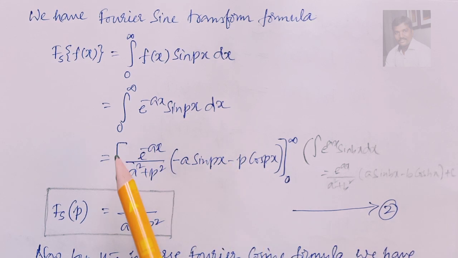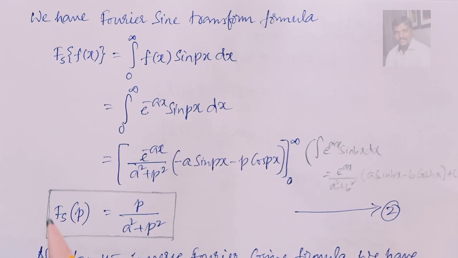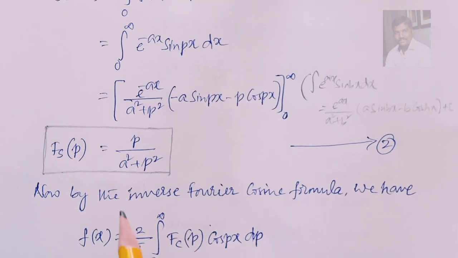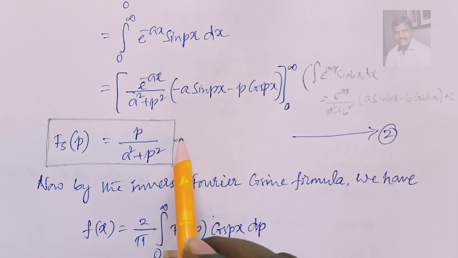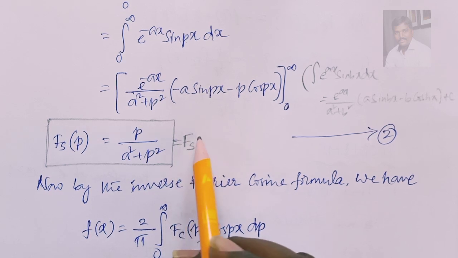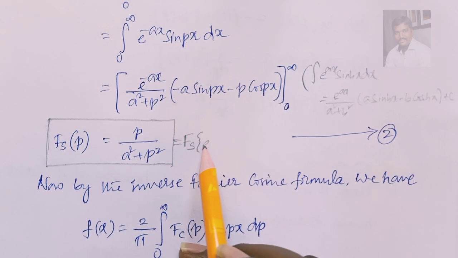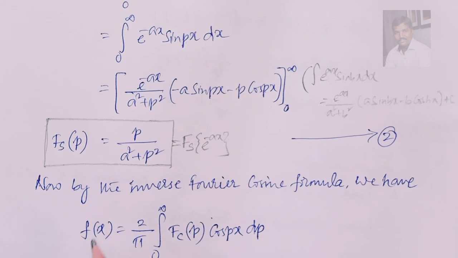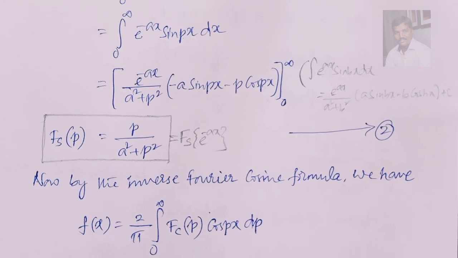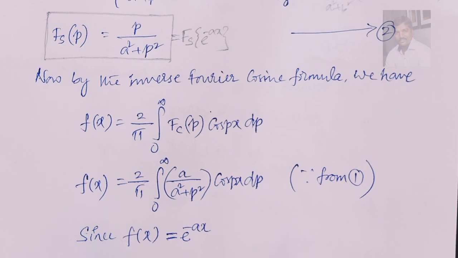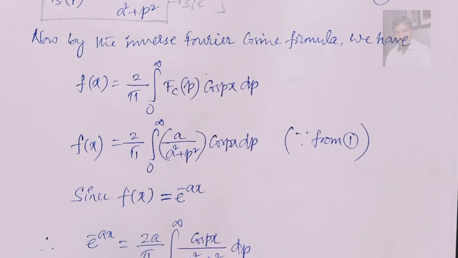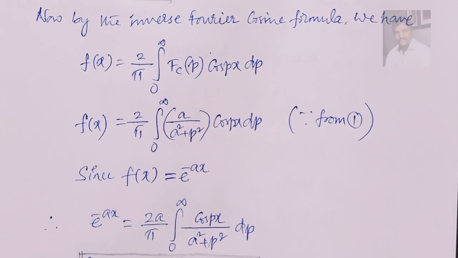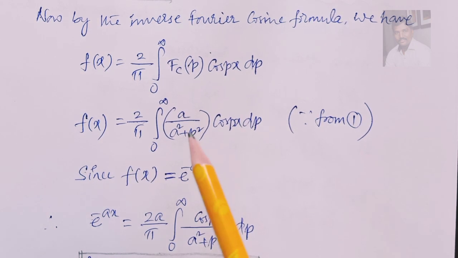So minus into minus gives plus. Therefore Fs of p, the Fourier sine transform of e^(-ax), is equal to p by (a² + p²). This is how we can find the Fourier sine and Fourier cosine transform of e^(-ax).